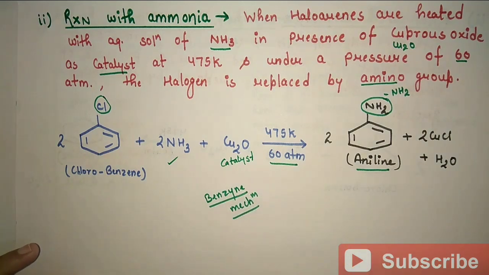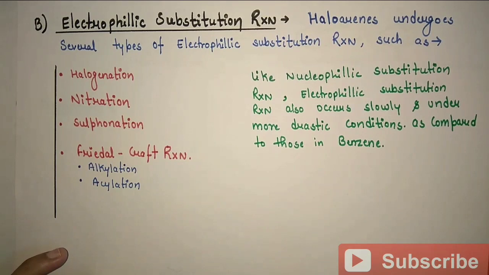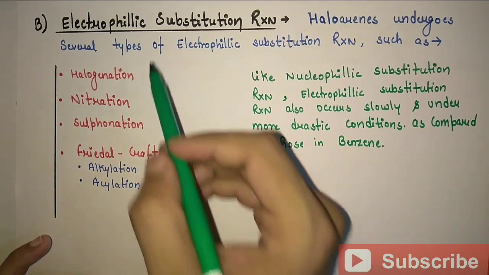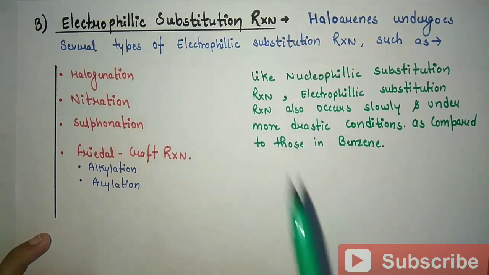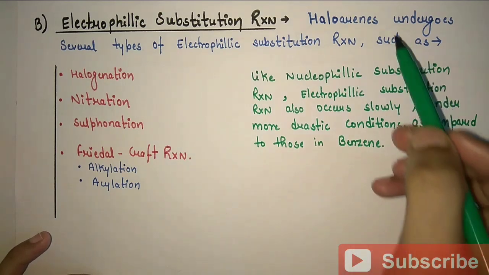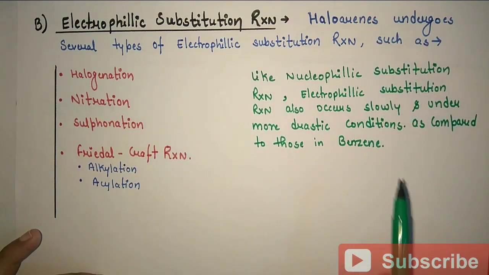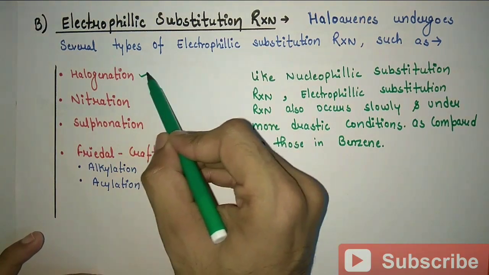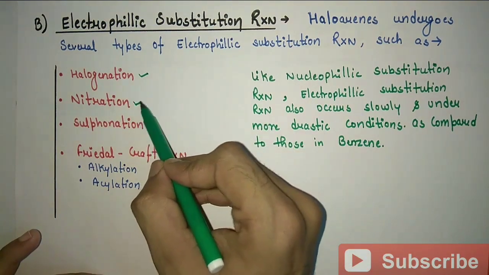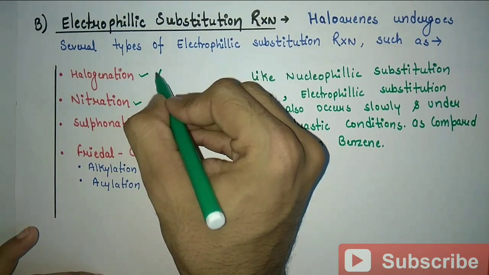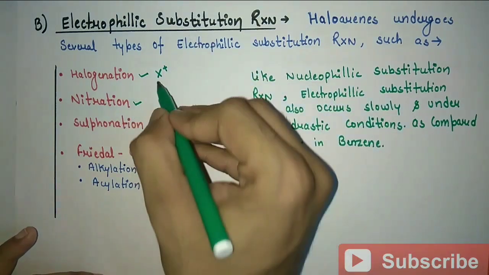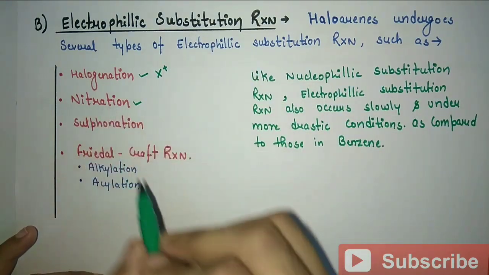Okay, now after nucleophilic substitution reaction, let's talk about the electrophilic substitution reaction. Haloarenes undergo several types of electrophilic substitution reactions such as halogenation. In this case, the electrophile will be halogen, X plus, and the next one is nitration.